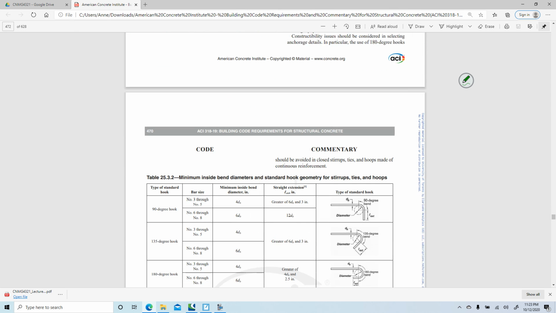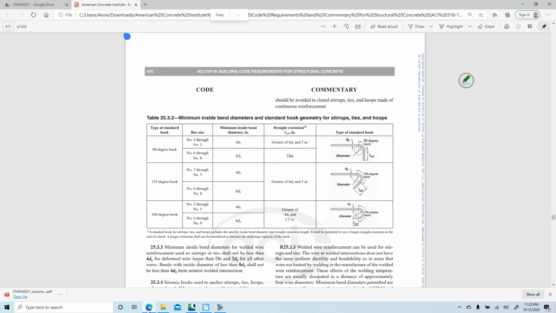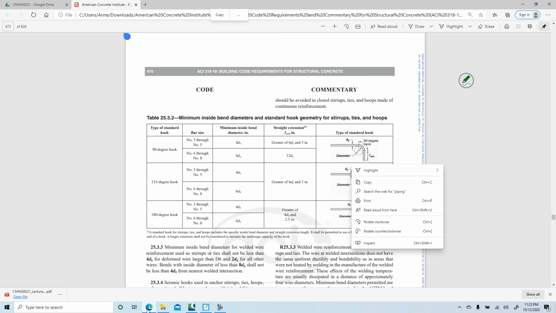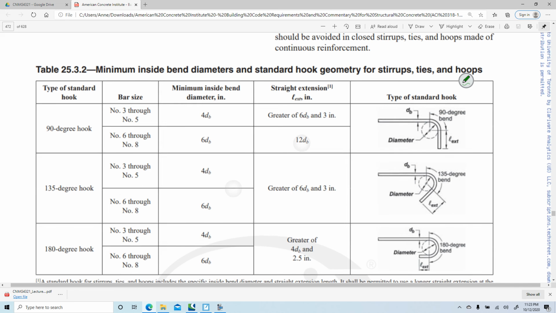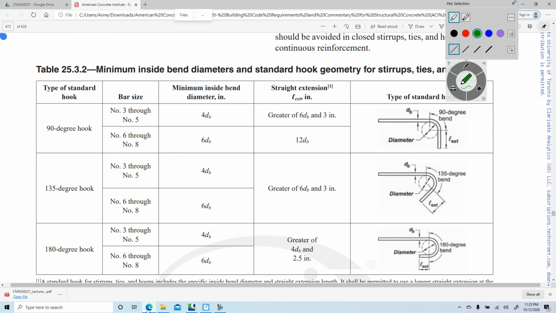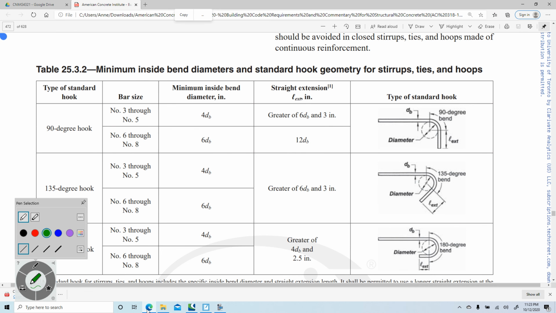That's hooks. This is inside bend diameters. If you look at this, this is the inside bend diameter for stirrups and ties, Table 25.3.2.